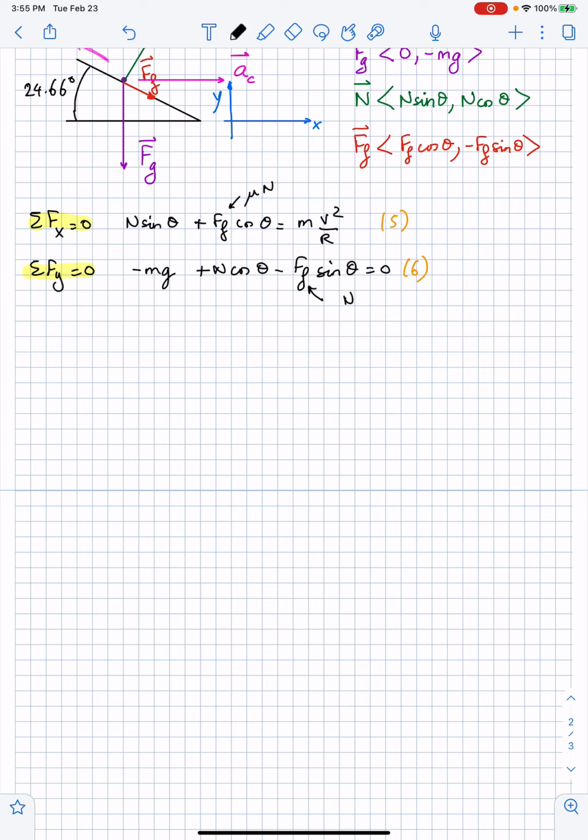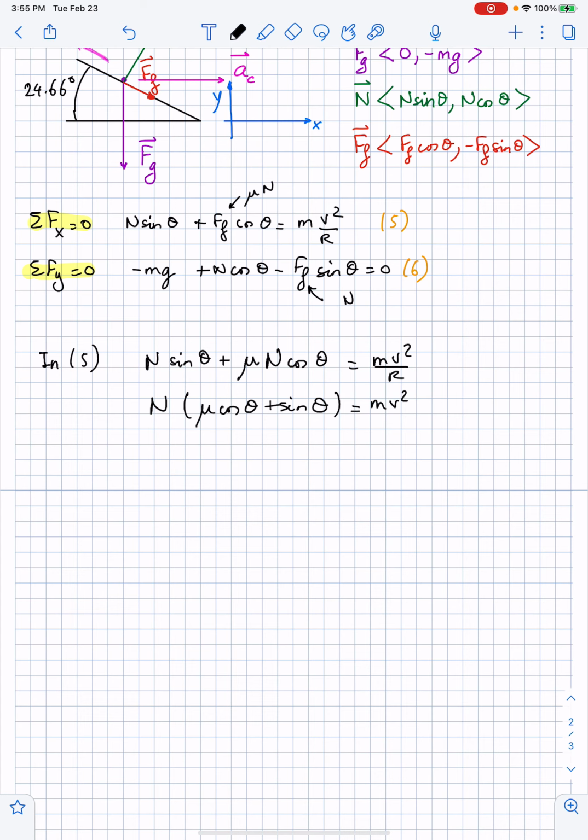Okay, so in equation 5, we're going to have n sine theta plus mu n cosine theta equal mv squared over r. That means here we're going to have n times mu cosine theta plus sine theta equal mv squared over r.